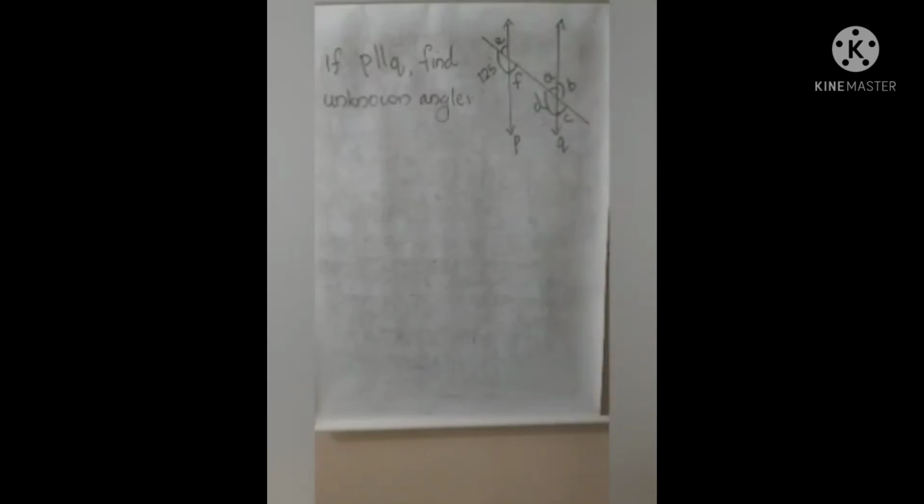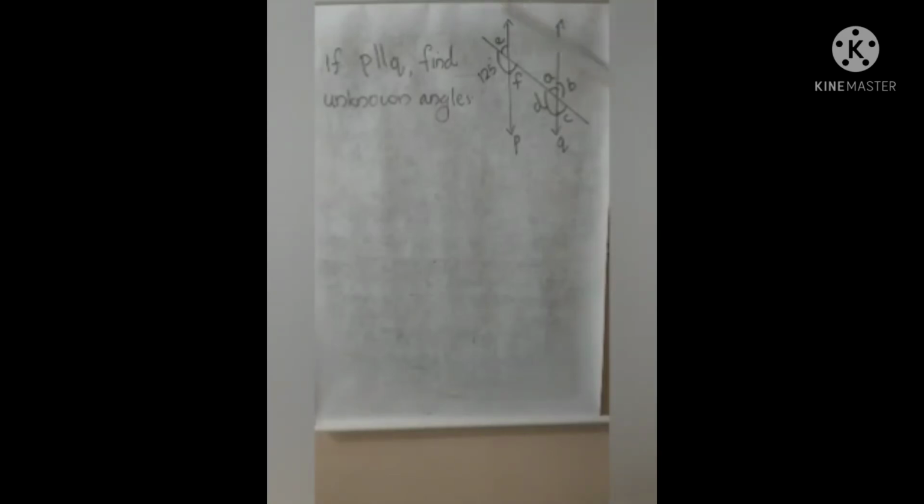So which concept can I use to find the value of E or F? Can anyone say which type of angle we can use? Yes, you know what a linear pair is? The sum of the two angles will be 180 degrees, isn't it?